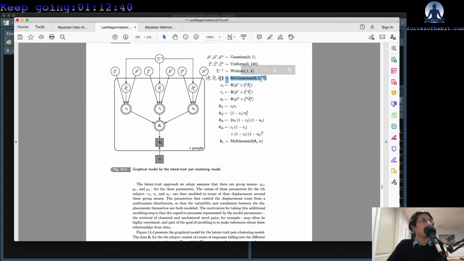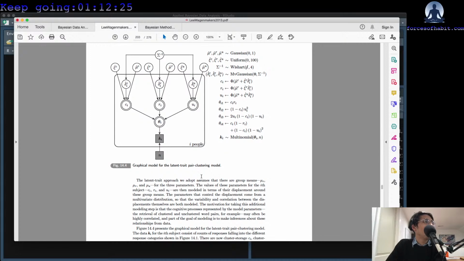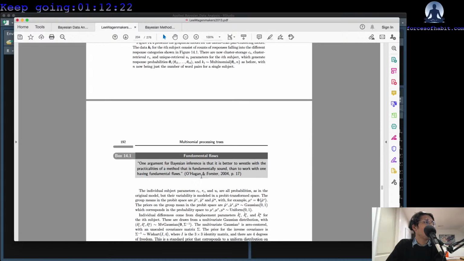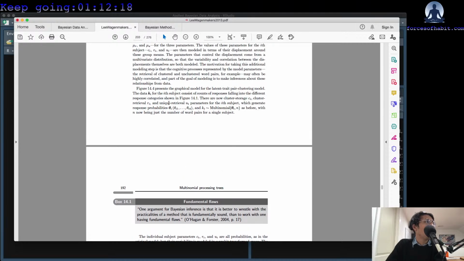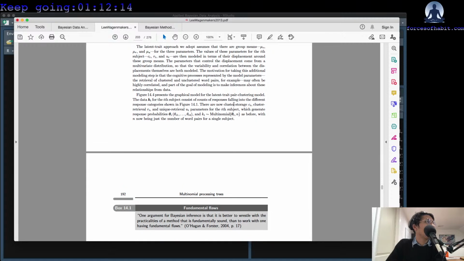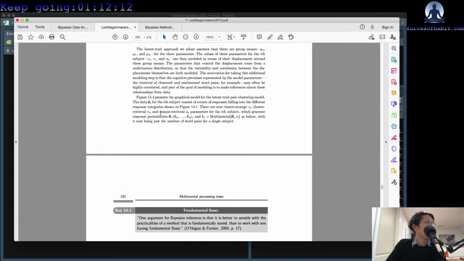Multivariate Gaussian here with mu 0 and sigma equal to this distribution. I think those are the distributions that are meant to be accounting for the correlations. We'll get down to it. Cluster storage, unique retrieval for each subject.